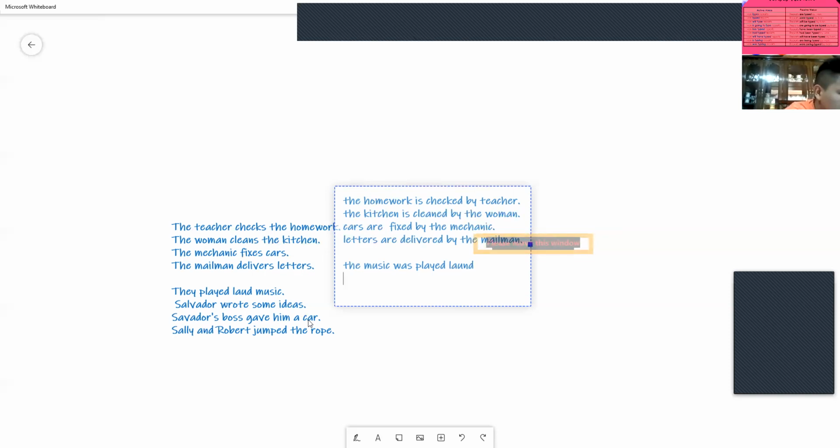Ahí lo tienes, Salvador. Ve la información que tienes escrita. Some, ok. Entonces vamos a poner some ideas. Ideas, verb to be, singular or plural?